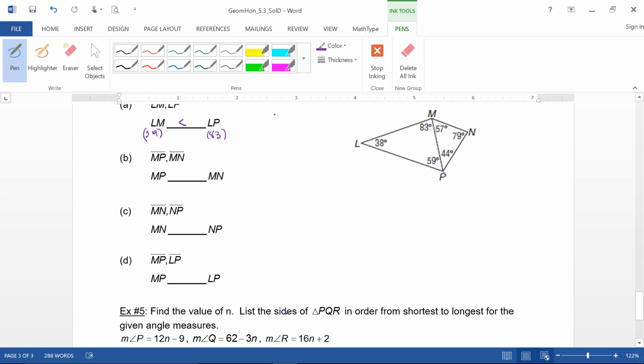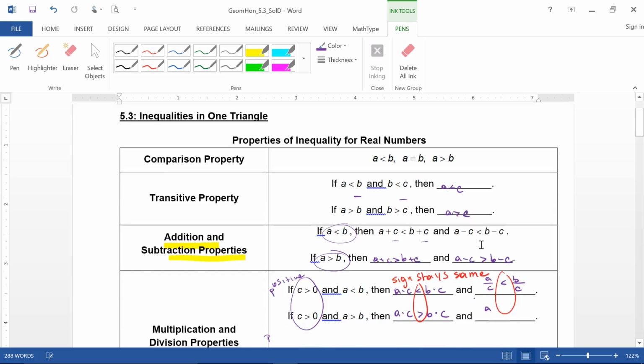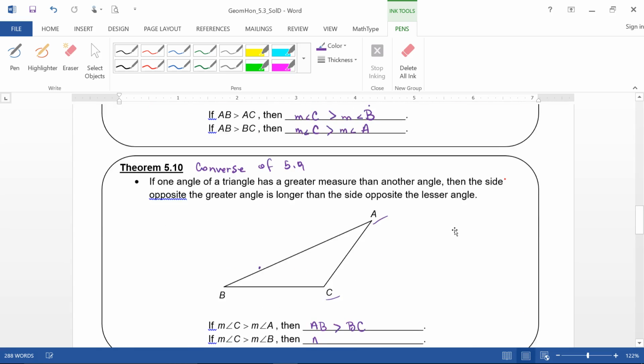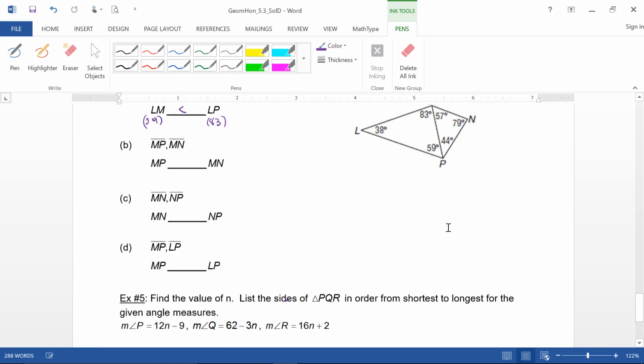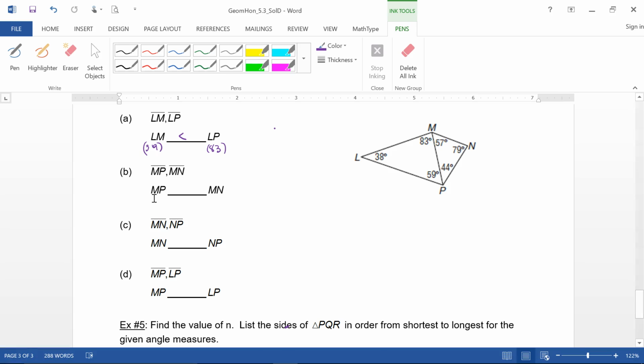It's either 38 or 79. However, where is MN? MN is in this triangle, right? So you want to work with that triangle. You want to work with the triangle that both are in. So here for MP, we're going to take 79. And what are we going to take for the other one? MN, 44. Okay, MN and MP.